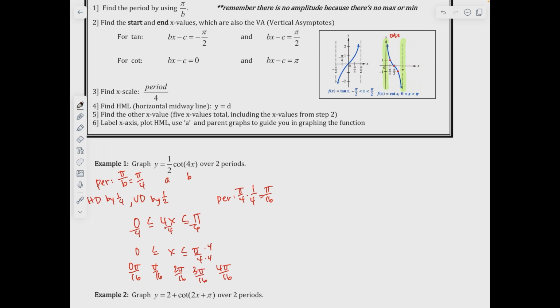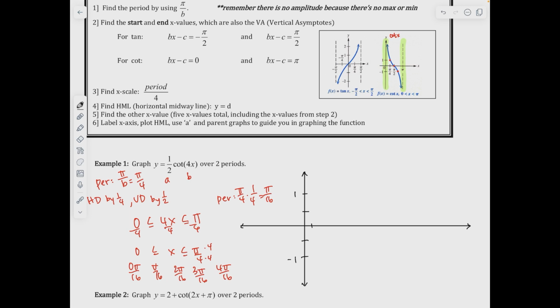I'm going to draw my vertical axis. There are no vertical shifts up or down, just the vertical dilation. So I'm going to go by halves. There's -1, there's +1. And then we're going by 16ths.